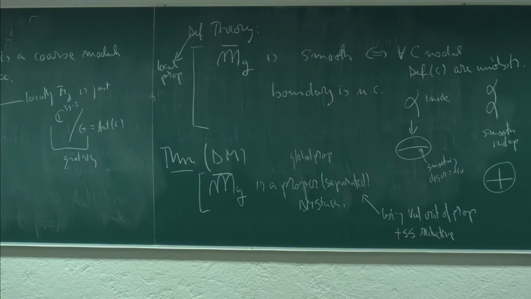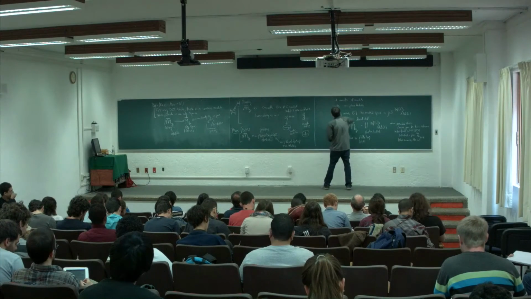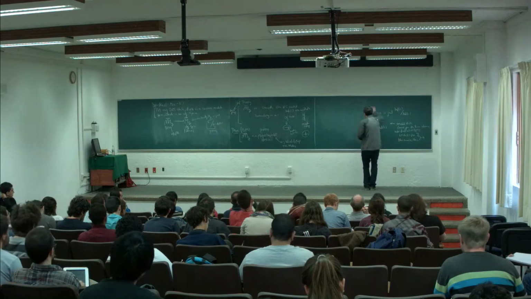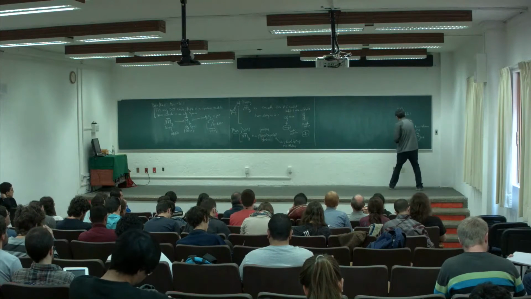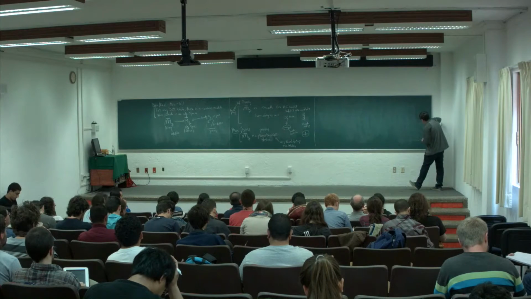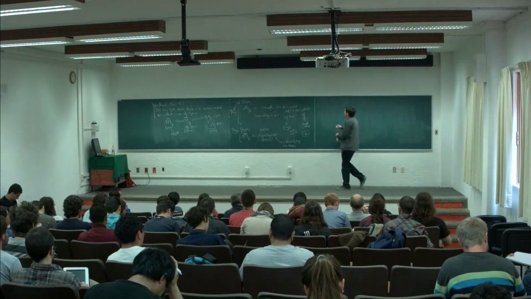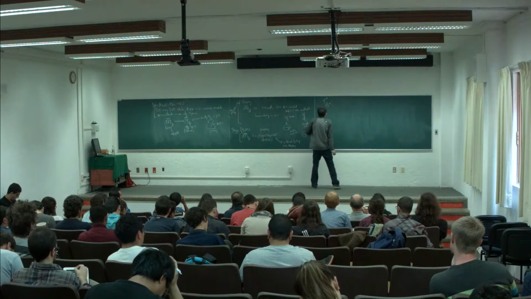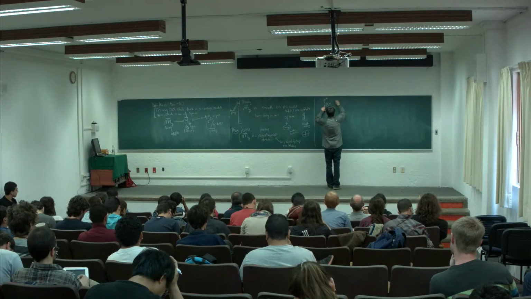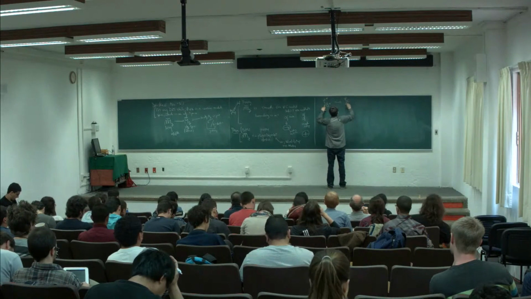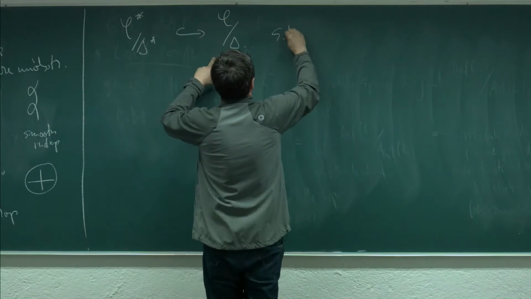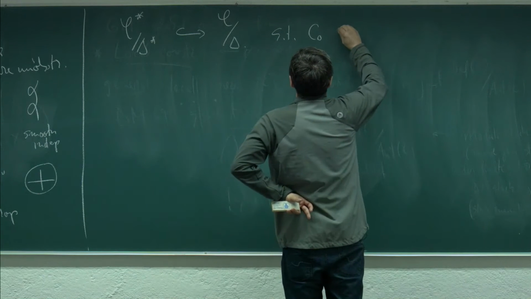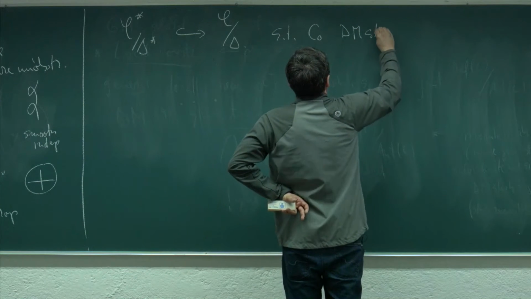So basically, let me spell it out here. If I have a family of curves over the punctured disk, then I can extend it to a family such that, after base change and so on, C_0 is DM stable.